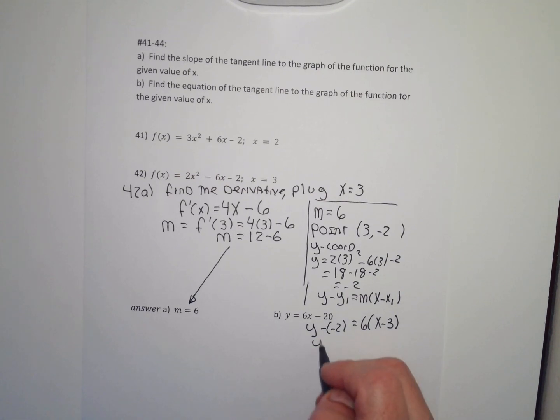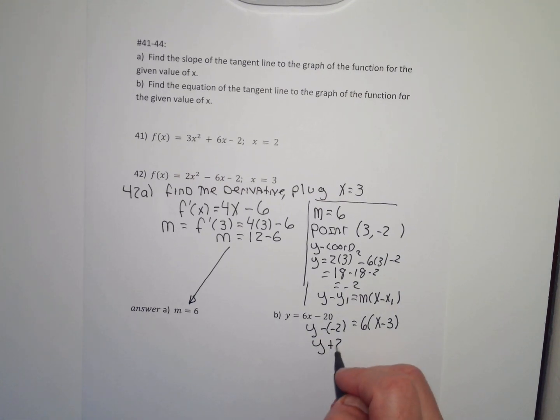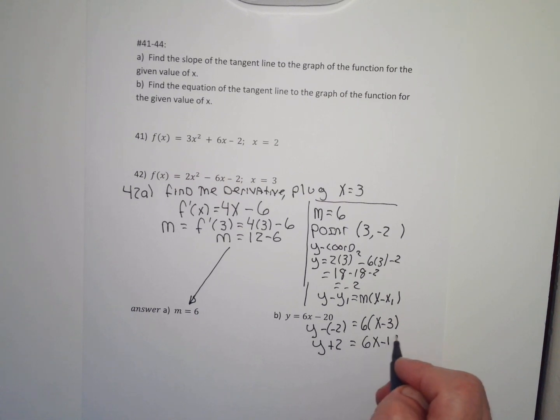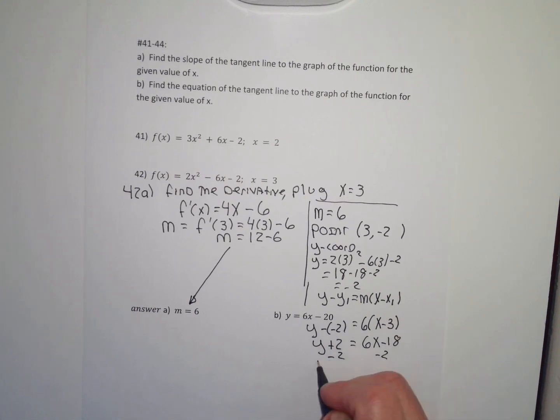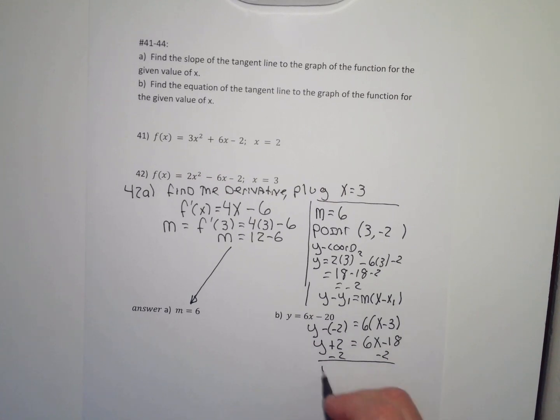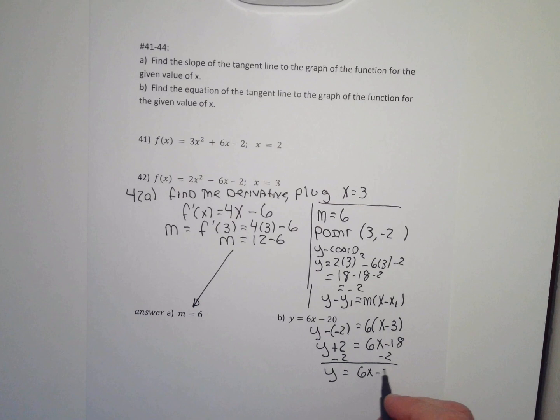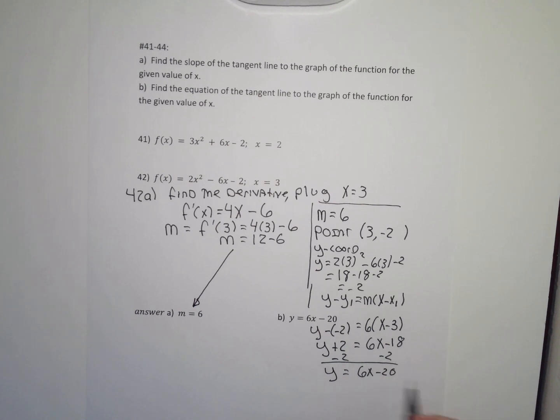This is going to give me y plus 2, the double negative on the left side becomes a plus, equals 6x minus 18, and then minus 2. The equation of the line I'm searching for is y equals 6x minus 20, because the 18 and the 2 have the same sign, so I add and keep the signs negative.